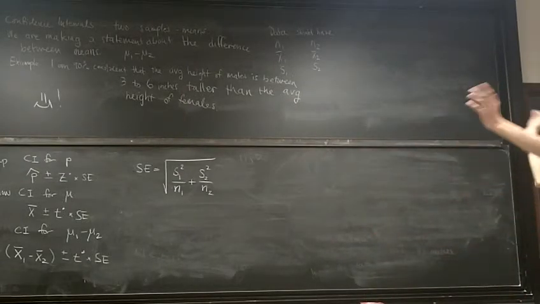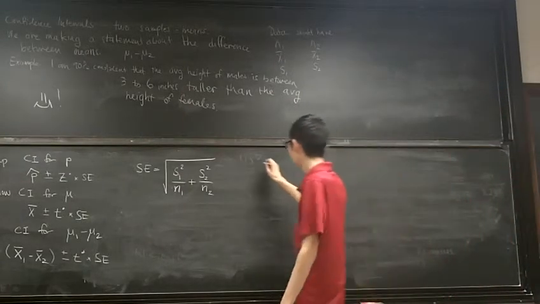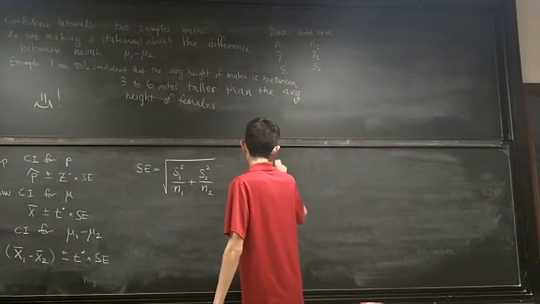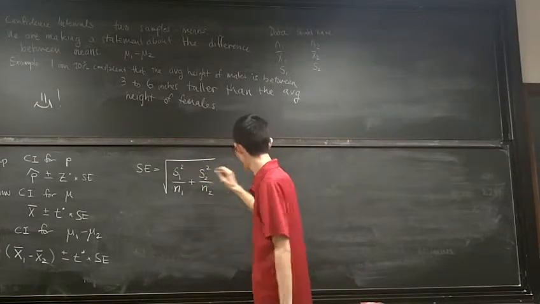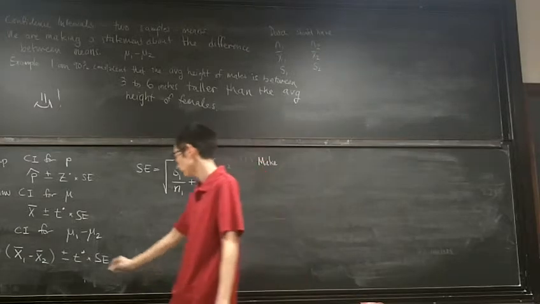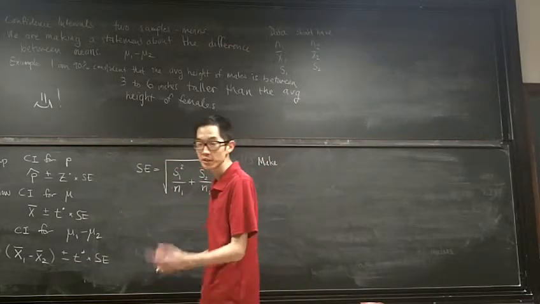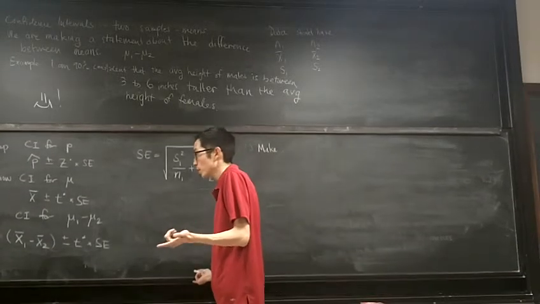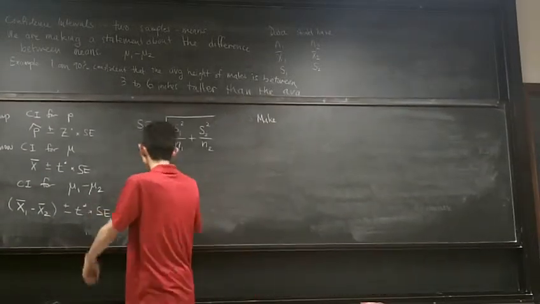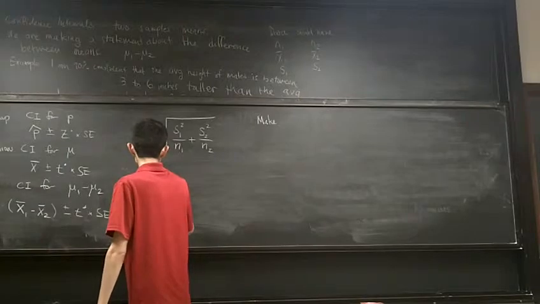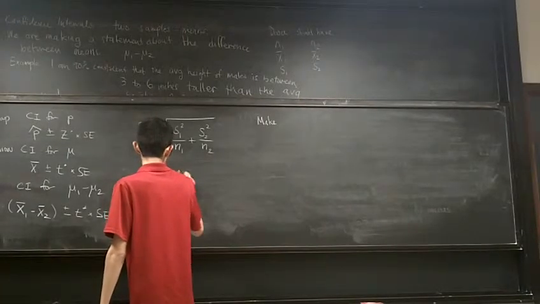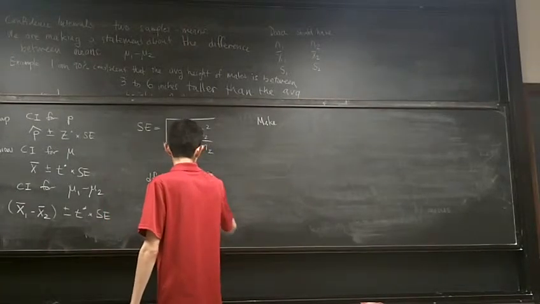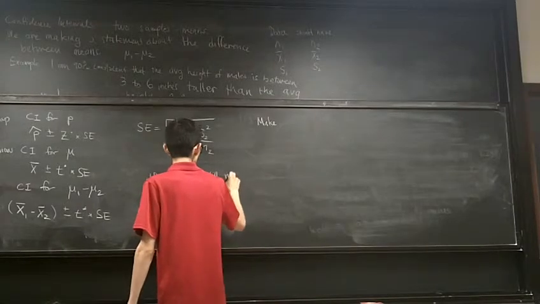Alright, so let's make a confidence interval. One last thing. When you pick your T star, you have to know the confidence level and the degrees of freedom. So the degrees of freedom for T star is still n minus 1.